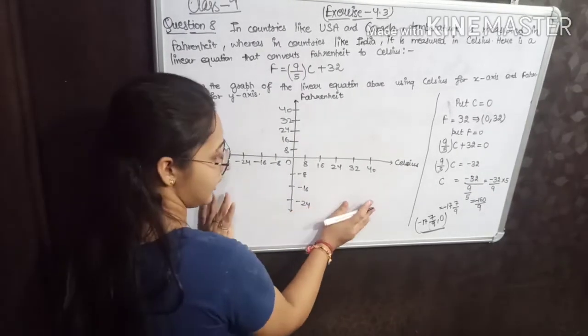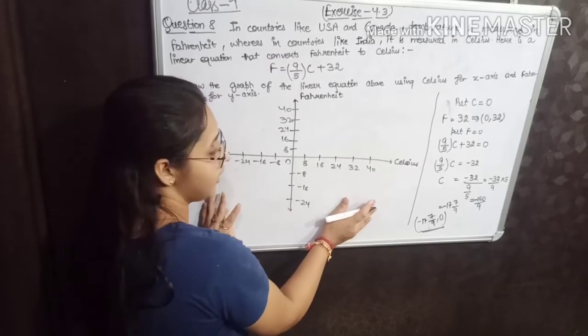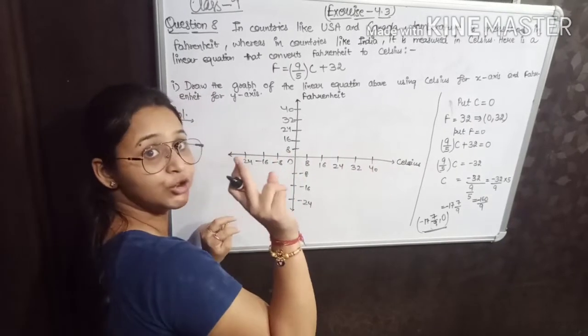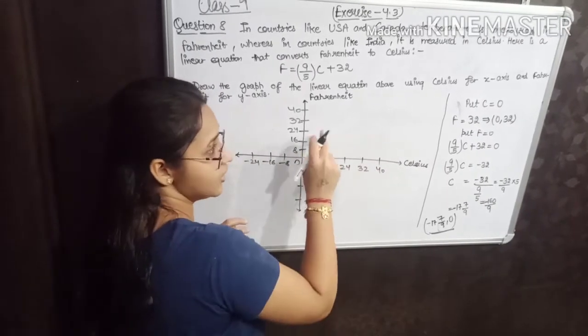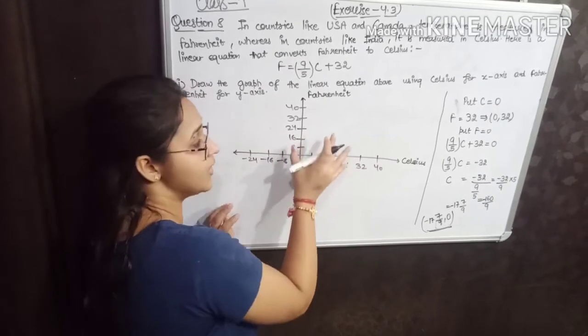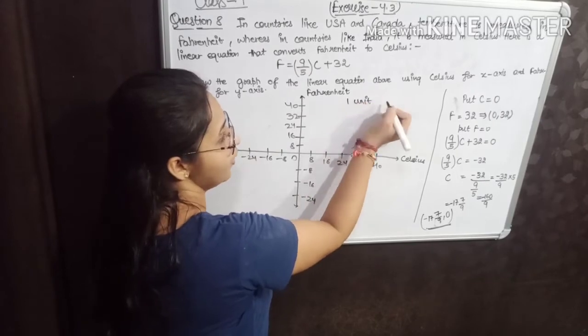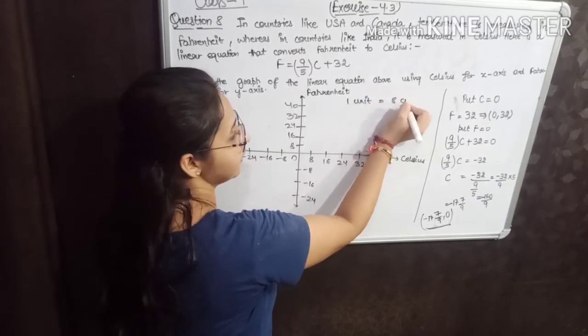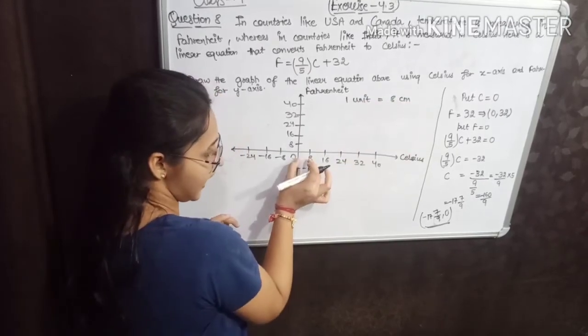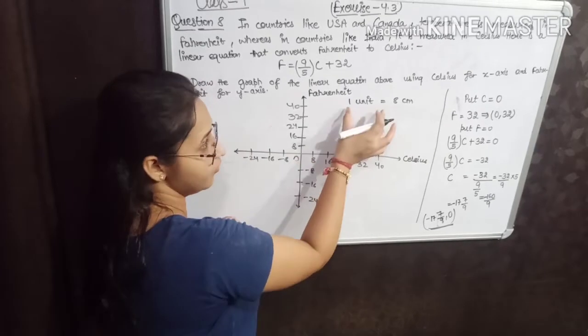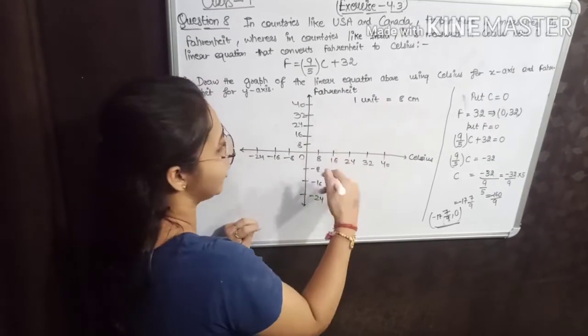If you have a graph or a Cartesian plane, then the first most important thing is you will mention the measurement or you will mention the unit. So 1 unit is equal to 8 centimeter because you are taking gap of 8, 8, 8. Now plot the points.